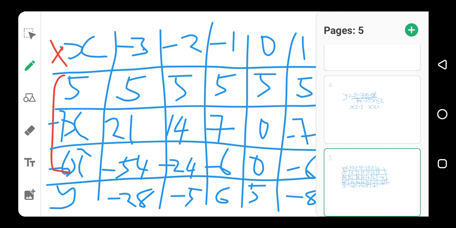The next way they can give you this question is to give you directly the values of x. They can create a small table, say x is minus 1, 0, 1, 2, 3, and ask you to find the values of y.